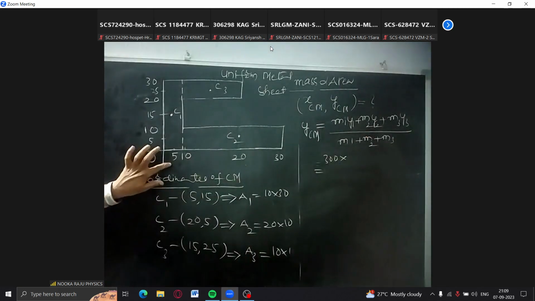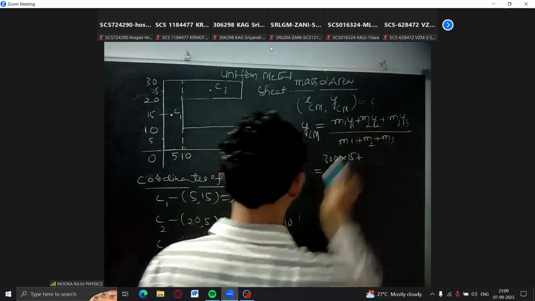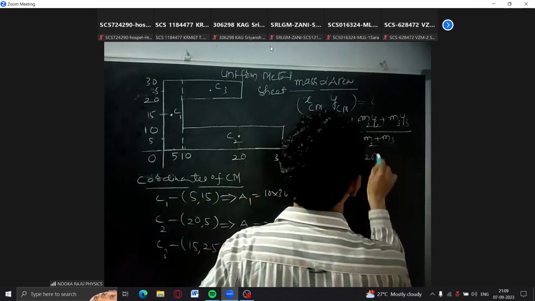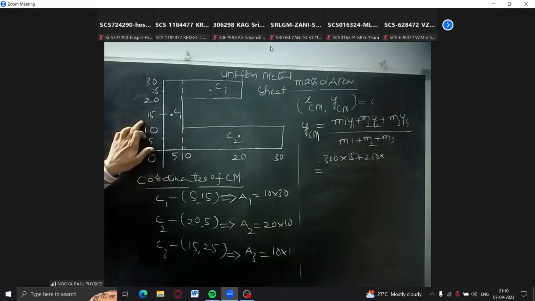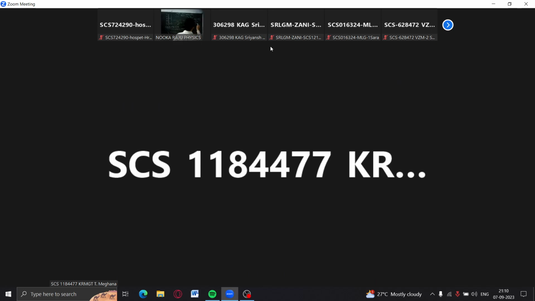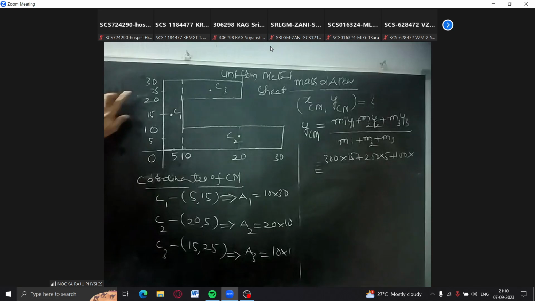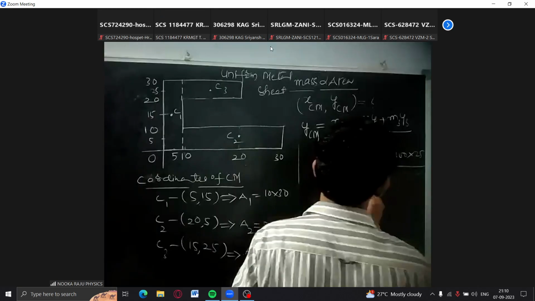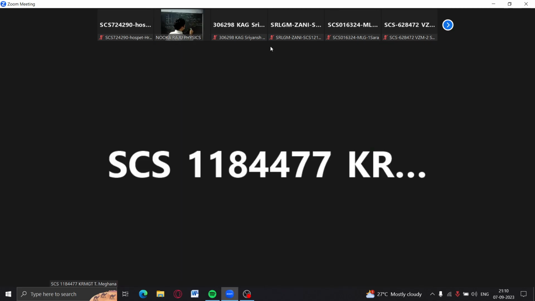Y1 I calculated as 15, plus M2, which was A2, 200 into the Y2 value. Y2 value equals 5. Plus 100 into the Y3 value, 25. Yes. By 600. So finally what you will get? 80 by 6. Very good. Okay.